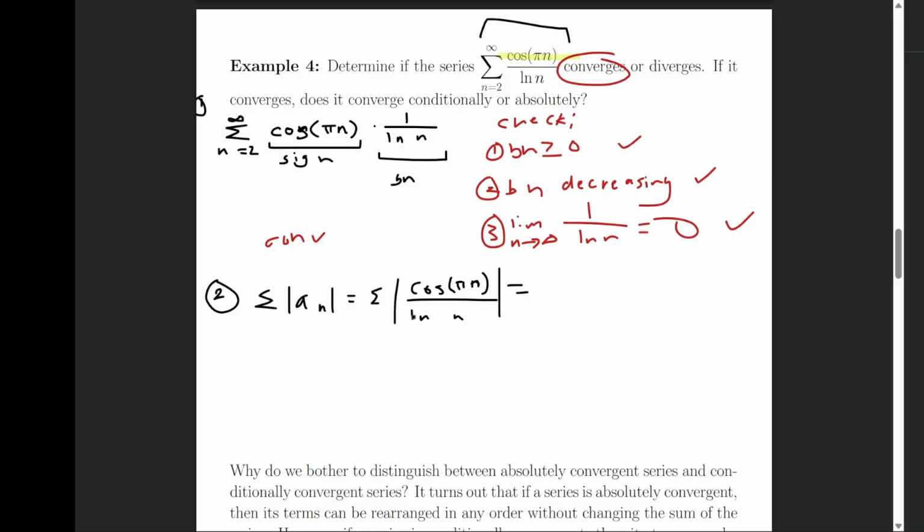When you look at this, the cosine of pi n, you know that's just -1, right? And since we know that cosine pi times n is -1, when you take the absolute value of that, that's just 1. So we can rewrite this so it looks a little prettier like that, okay?